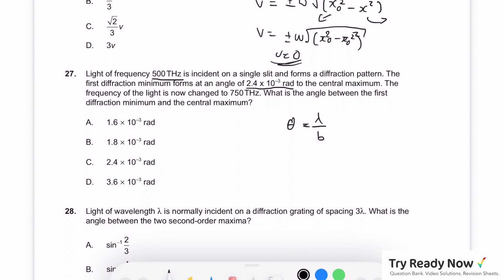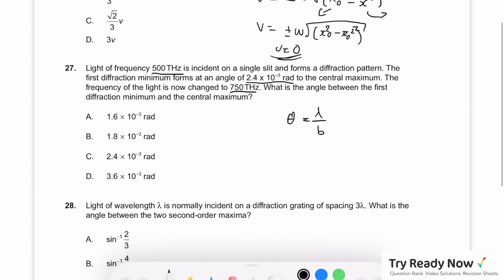Now they change the light to 750 terahertz, and they're asking you to find the diffraction angle. In the formula, which you can find in subtopic 9.2 for single slit diffraction, you have the angle in radians equal to wavelength divided by the slit width. In this question, you have no information about the wavelength or the slit width.